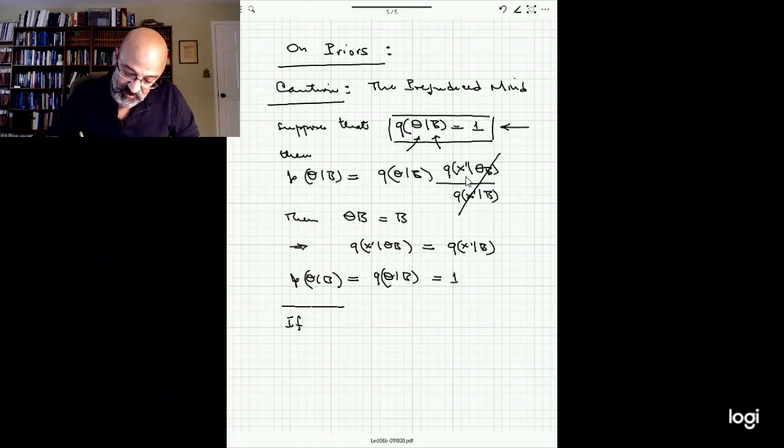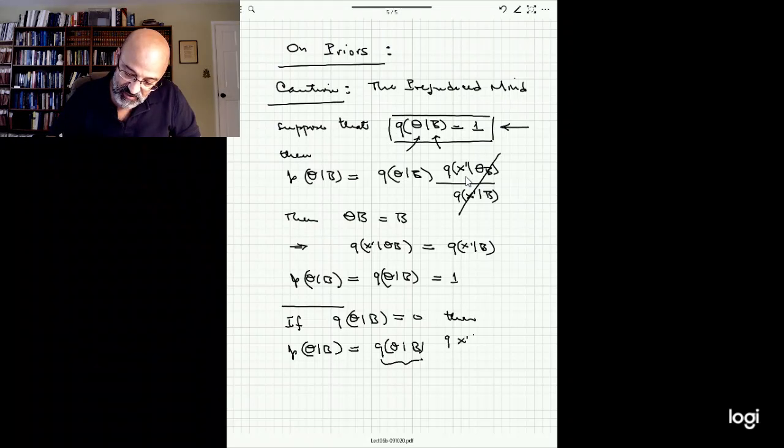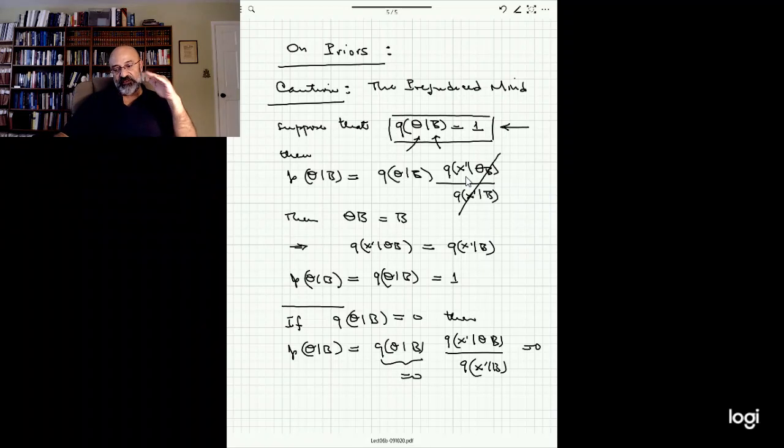If q theta b is 0, then when you do your posterior, p theta b is going to be q theta b, which you see already is killing everything, times the likelihood over the normalization. In this case, this is going to be 0. So if you're completely convinced that something is false, it doesn't matter how much evidence to the contrary you might be collecting, it's not going to happen. You're not going to update.